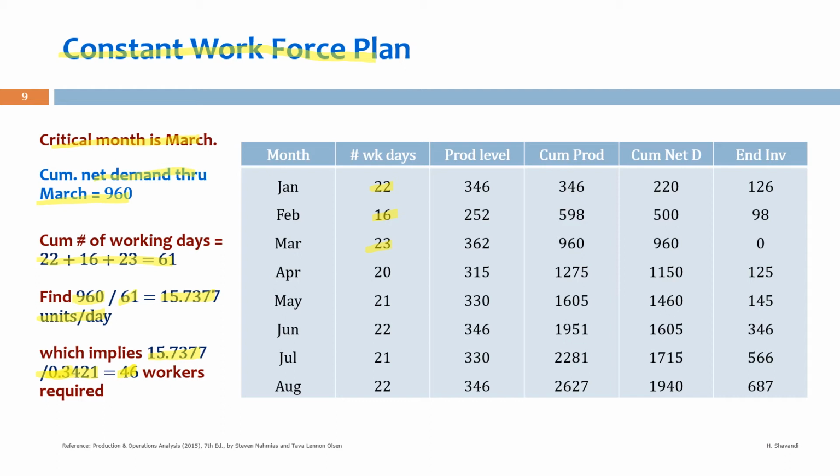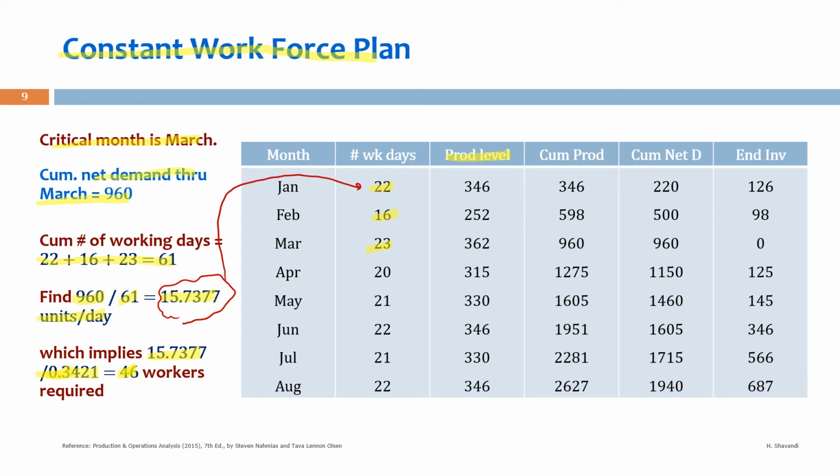Now let's see what will happen for the production, demand, and end inventory. Here the production level will be obtained by multiplying the number of units produced per day by the number of days.